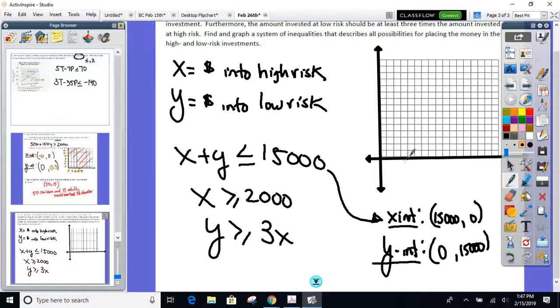1, 2, 3, 4, 5. 1, 2, 3, 4, 5. And look at that, right to the top.